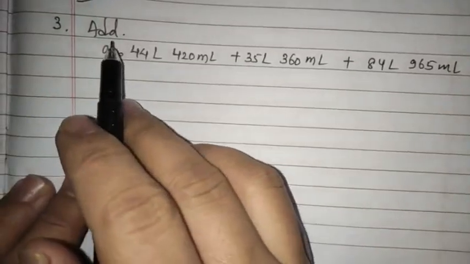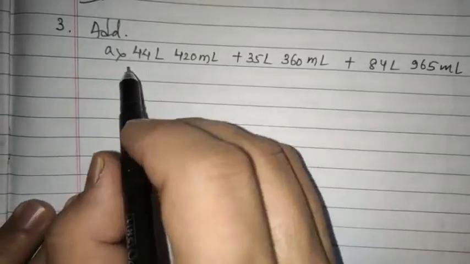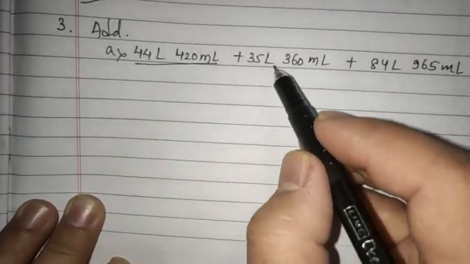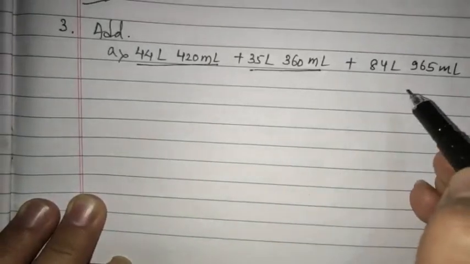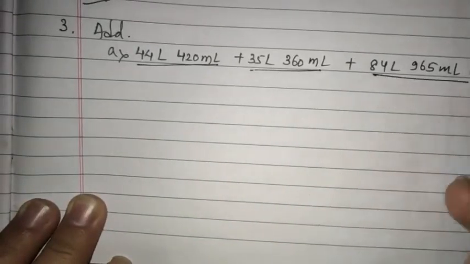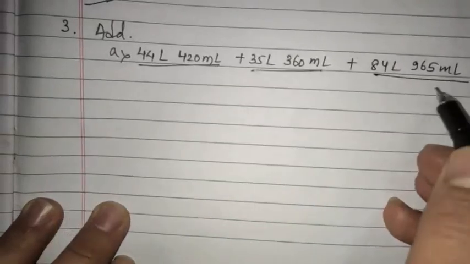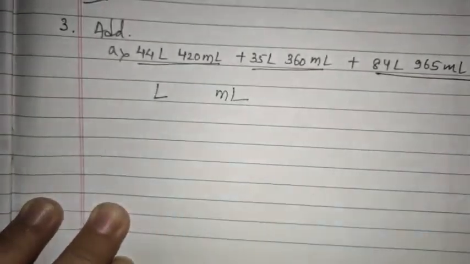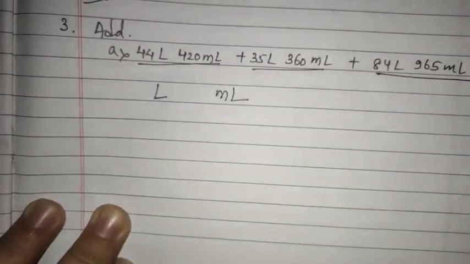Okay, student, proceeding to question number 3, we have to add here. There are 3 numbers given: 44 liter 420 ml, 35 liter 360 ml, and 84 liter 965 ml. So there are 2 units, liter and milliliter. So the arrangement should be done very properly.